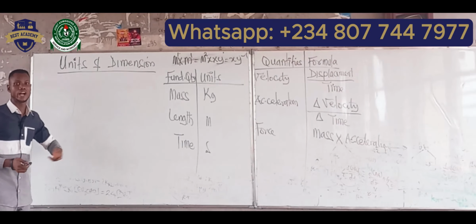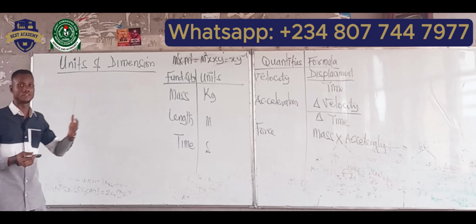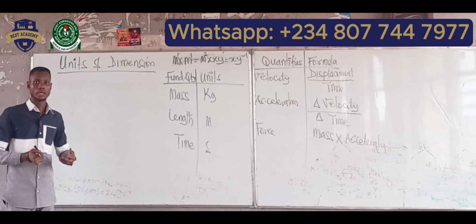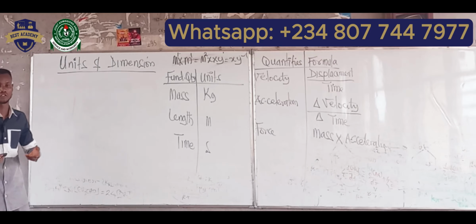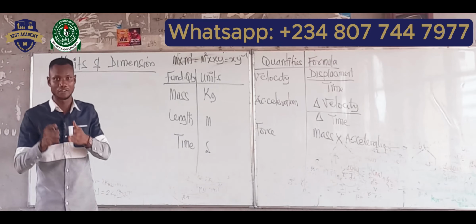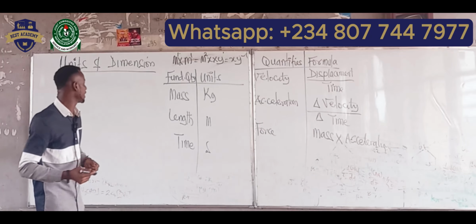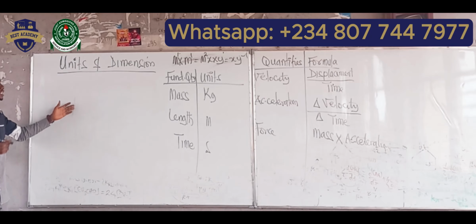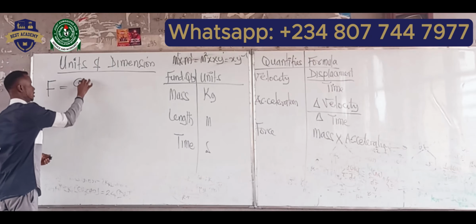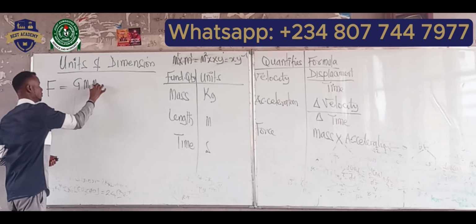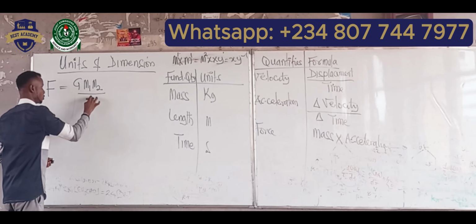But before we find the unit, we have to know the formula that relates to the gravitational constant. The formula that relates to the gravitational constant here is said to be gravitational force, and it's said to be F is equal to G M1 M2 over R squared.